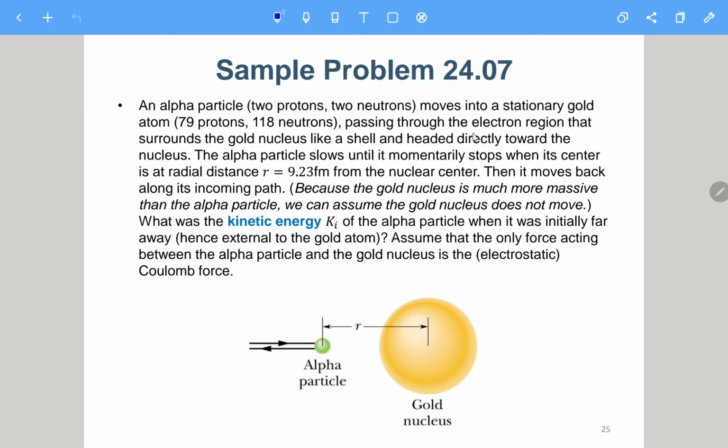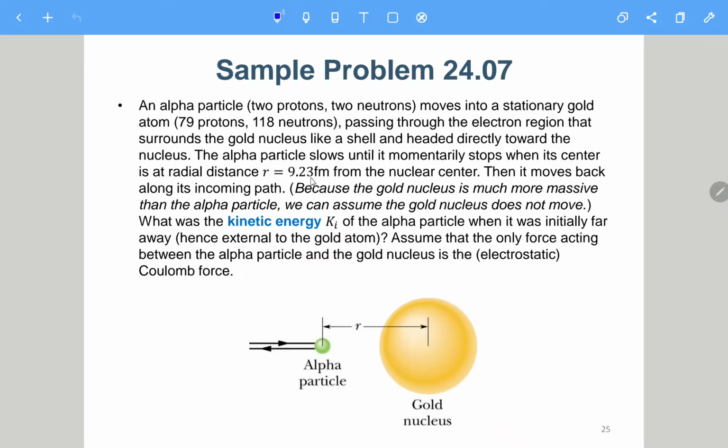It passes through the electron region that surrounds the gold nucleus like a shell and heads directly towards the nucleus. Okay, so the alpha particle slows until it momentarily stops when its center is at a radial distance.